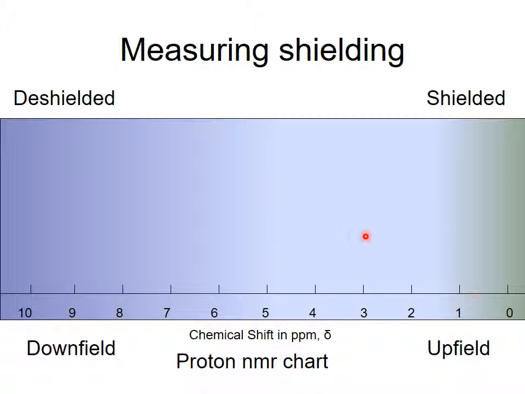When a nucleus is flipping in the magnetic field because it's absorbing radio waves, we call it resonance. So downfield, that's where you have the electrons being pulled away from the nucleus. Upfield, they're being pushed on the nucleus. And we express this in terms of parts per million, which we'll go into how that is calculated in just a minute.